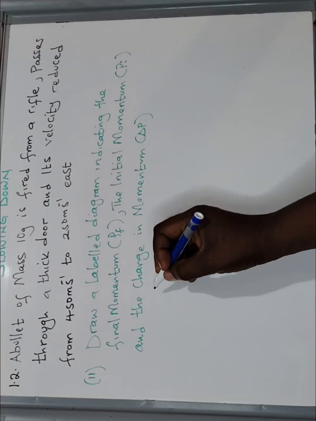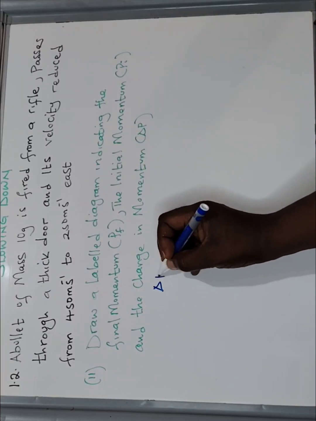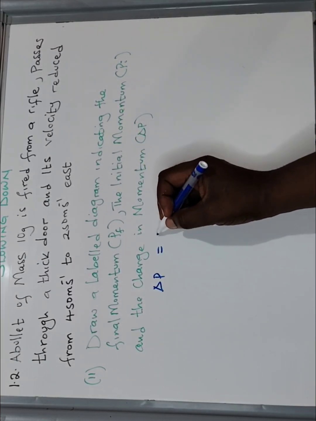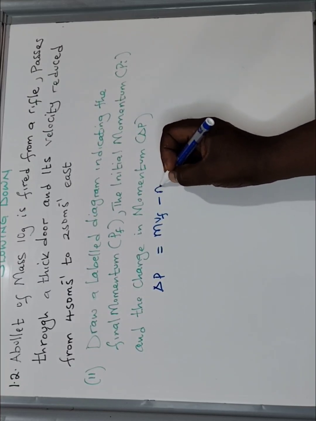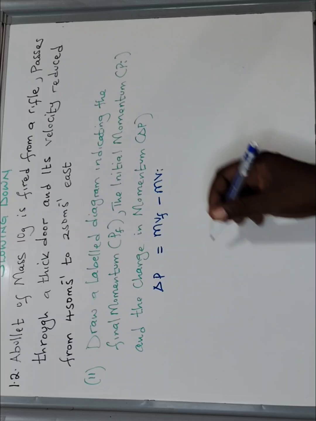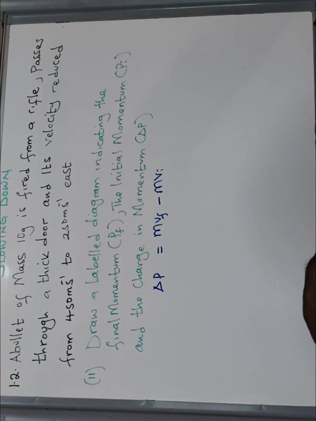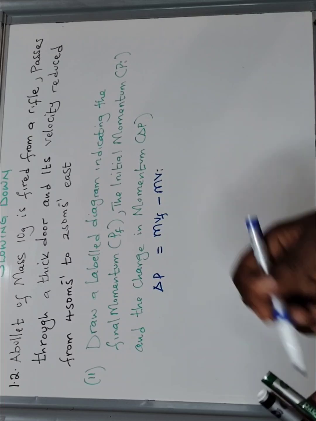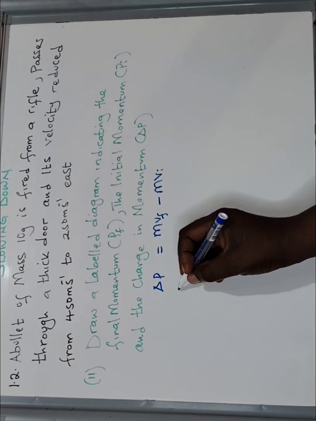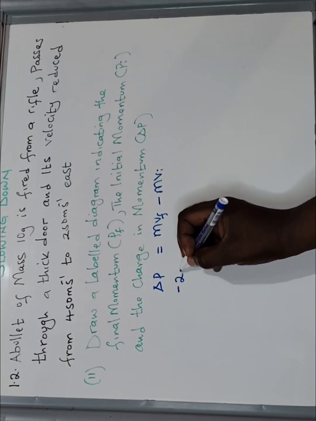You have to come back to our equation, which is delta P is equal to mvf minus mvi. And from here, you have to use it to find those values. If I can recall, this was -2.